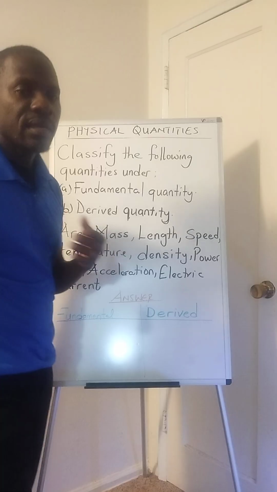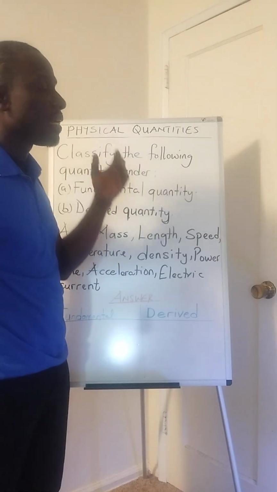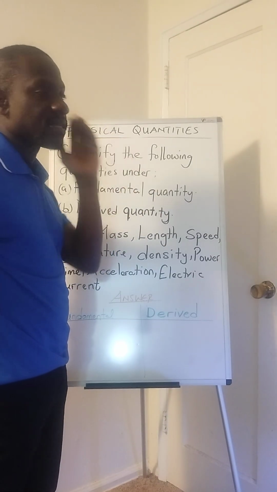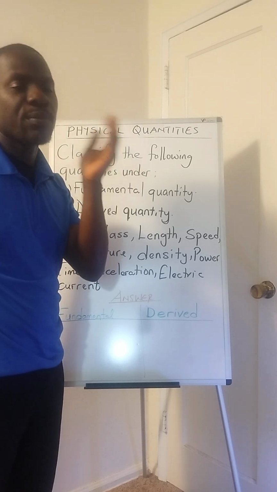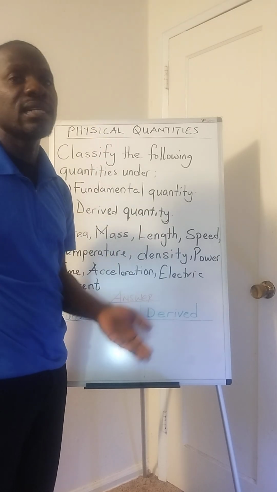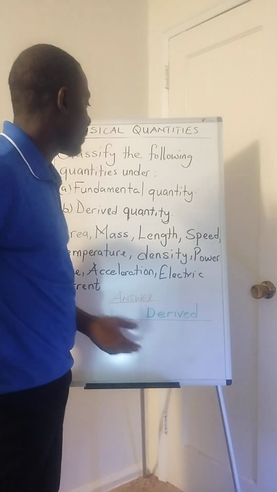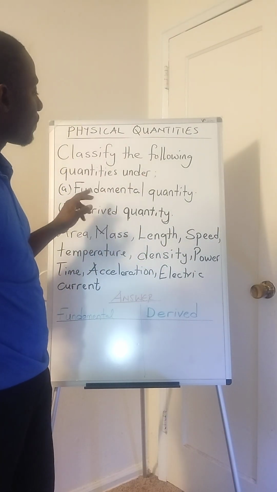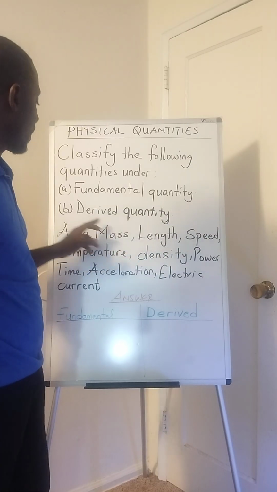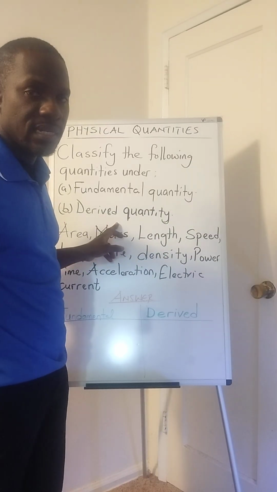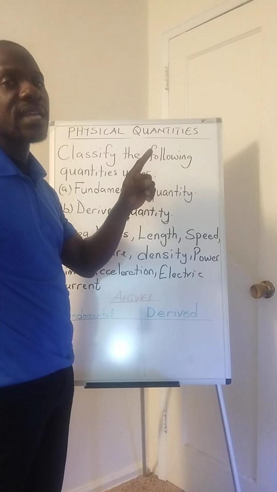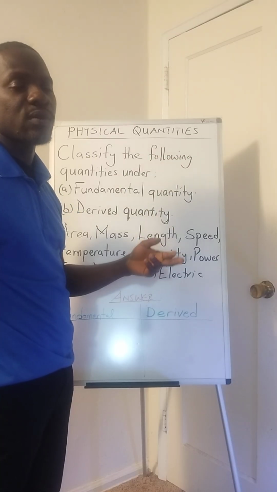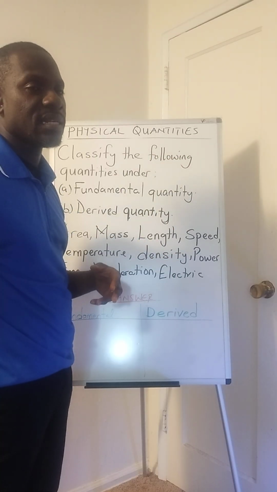So on the board here, we have the classification. It's a simple exercise, a simple word task that we are going to do to see whether indeed we understood the concept. We said classify the following quantities under fundamental quantity and then derived quantity. Now, I defined a fundamental quantity and I also defined a derived quantity.